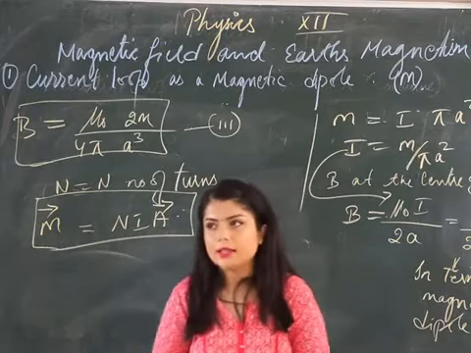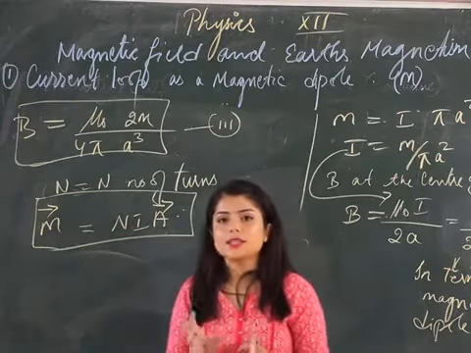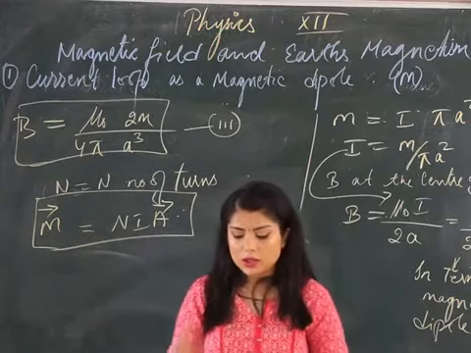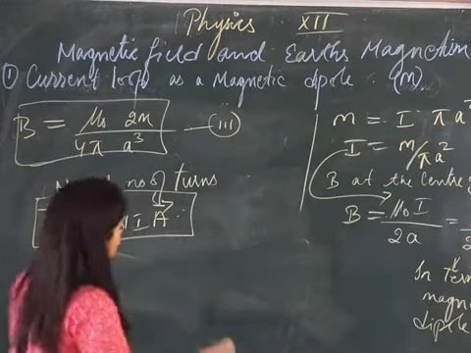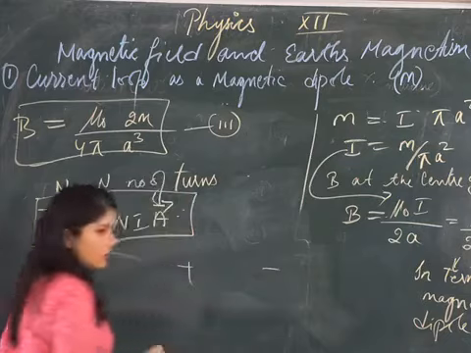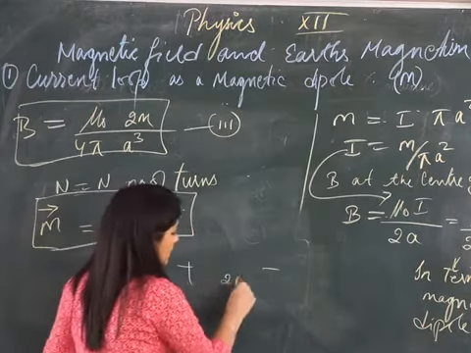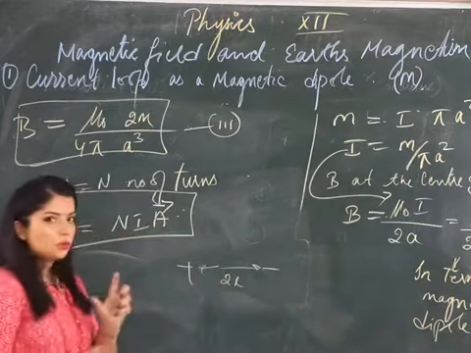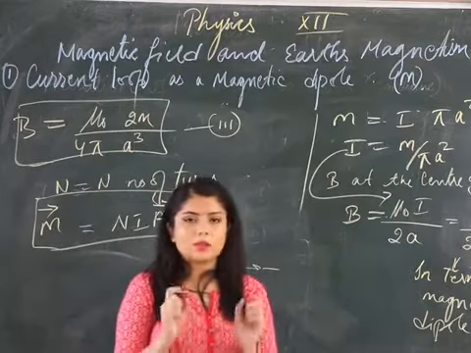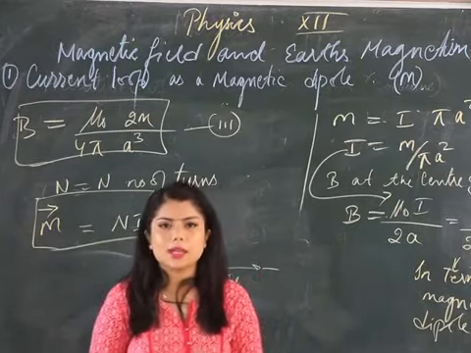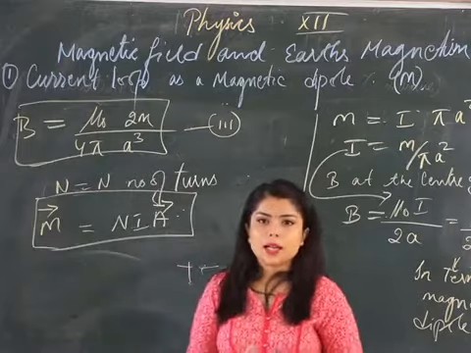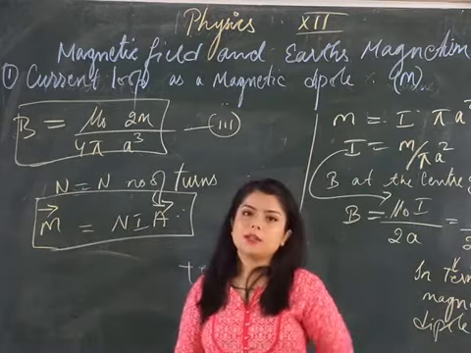Now you might be thinking, what is the actual meaning of electric dipole? It is two charges, positive and negative, separated by a distance that is twice L. Two equal amounts of charge separated by a small distance is an electric dipole. What is the meaning of magnetic dipole? A magnet itself is a magnetic dipole.